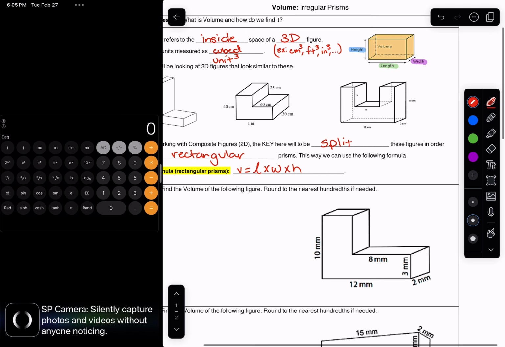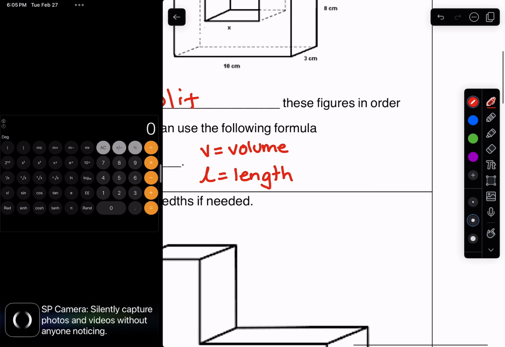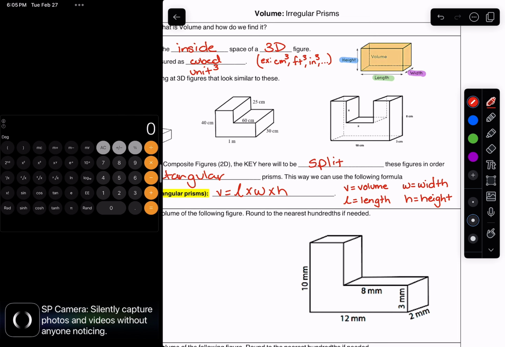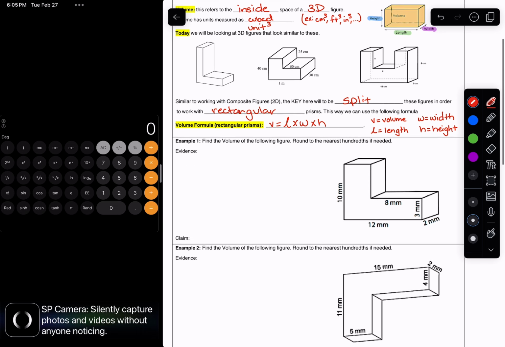So I'm going to put what those mean on the side here. V is volume. This cursive L is length. This W is width. And H is height. So volume is equal to length times width times height.